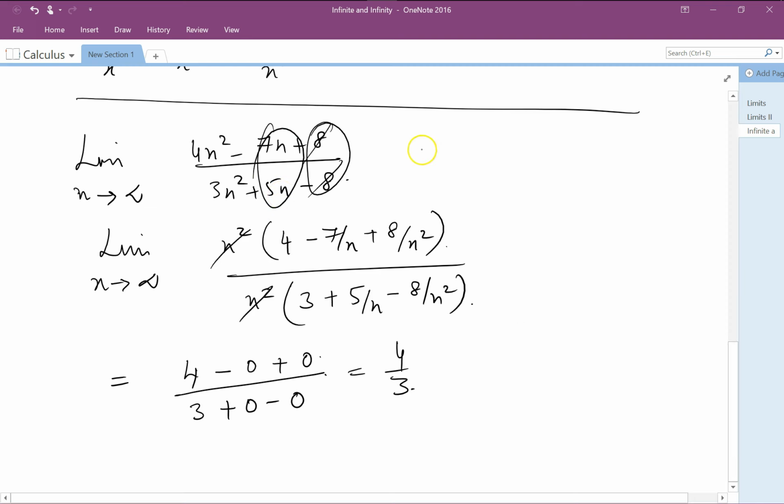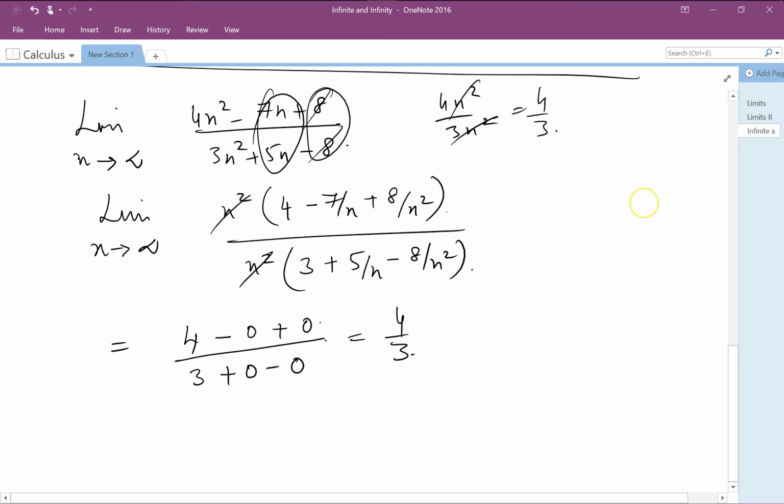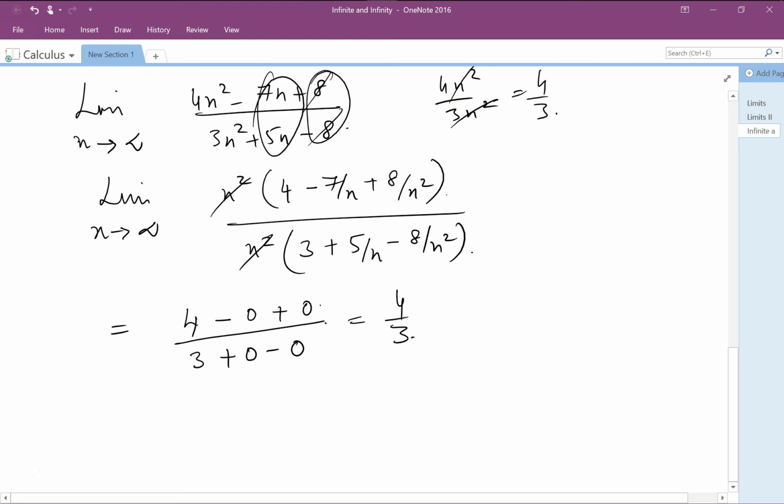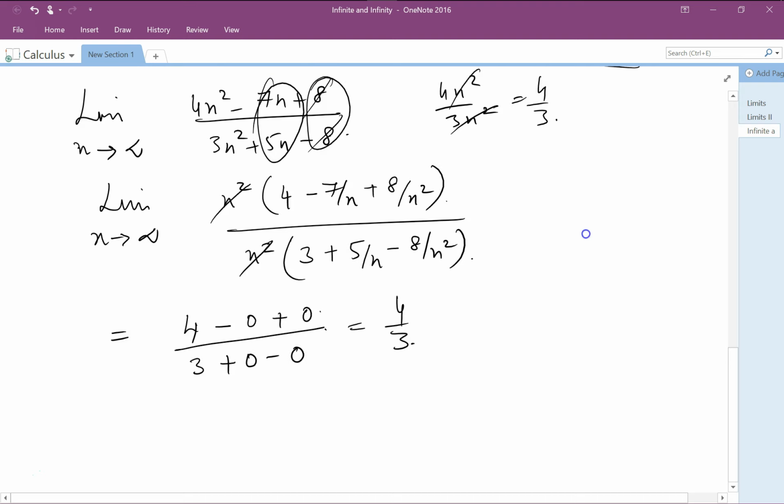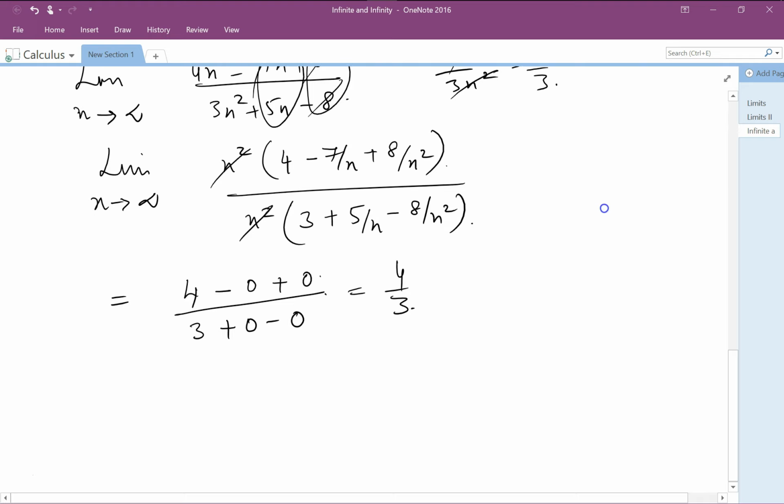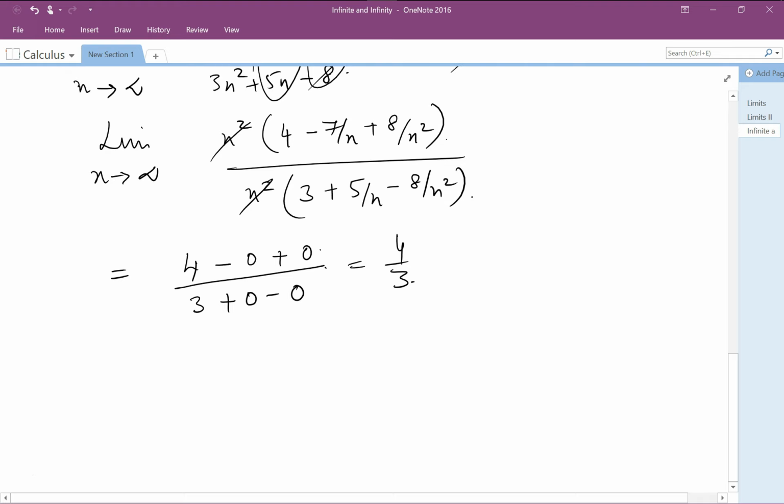So we are left with 4n square by 3n square. These two get cut off, we are left with 4 by 3. Be careful, only if it makes sense to you, you should think in this way. This makes verifying your answer very easy, because you might have made an arithmetic mistake somewhere in the middle.